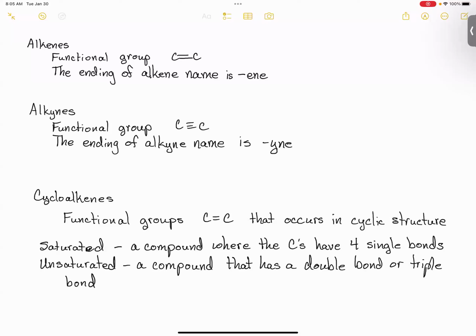Any questions about the difference between an alkane, alkene, alkyne, and the term saturated and unsaturated? So far, it's just terminology.